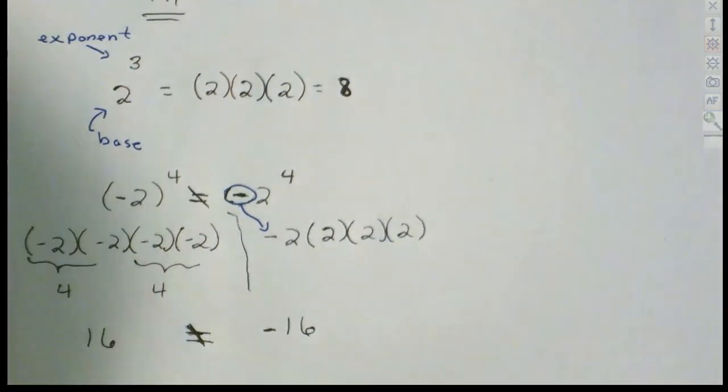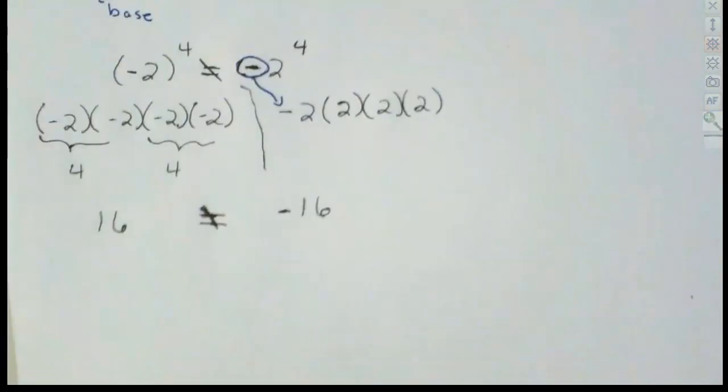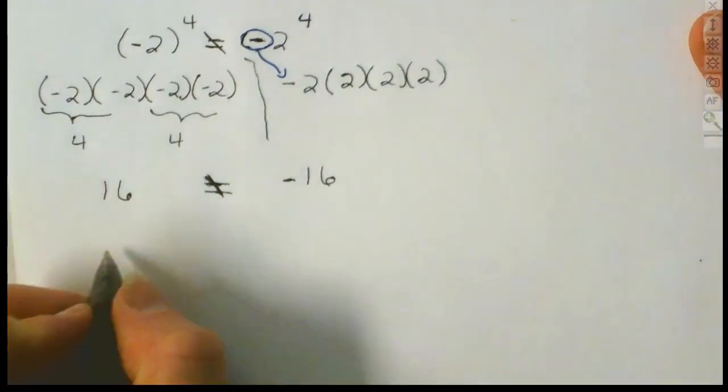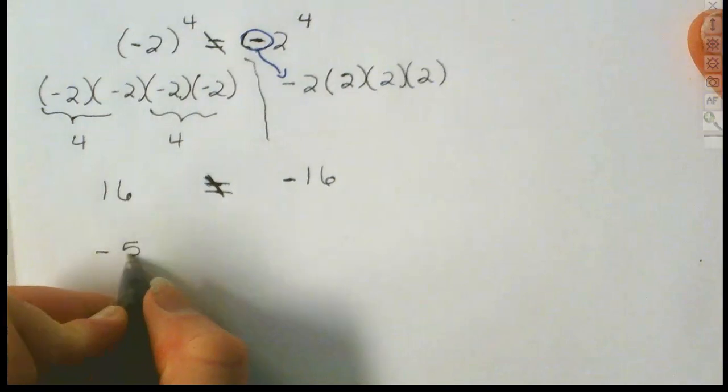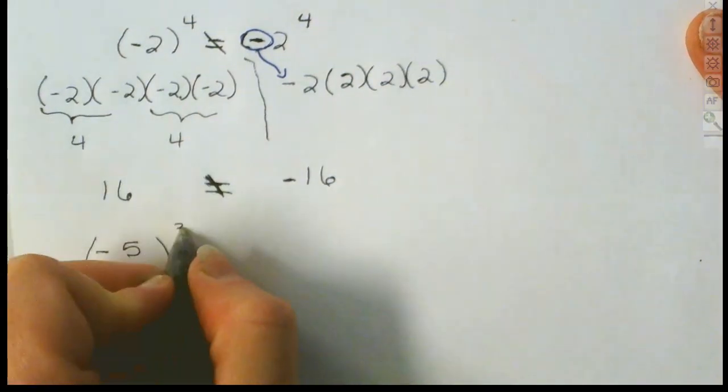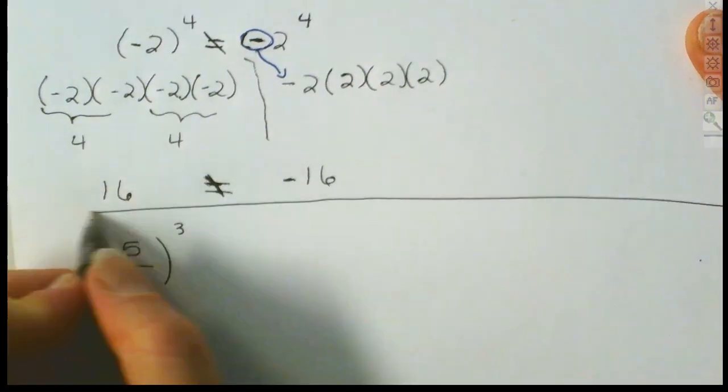Now let's talk a little bit about fractions. How do we take fractions to a power? How would we take, let's say, minus 5 over 4 to the third power? What would that be? Let's go ahead and find this one.